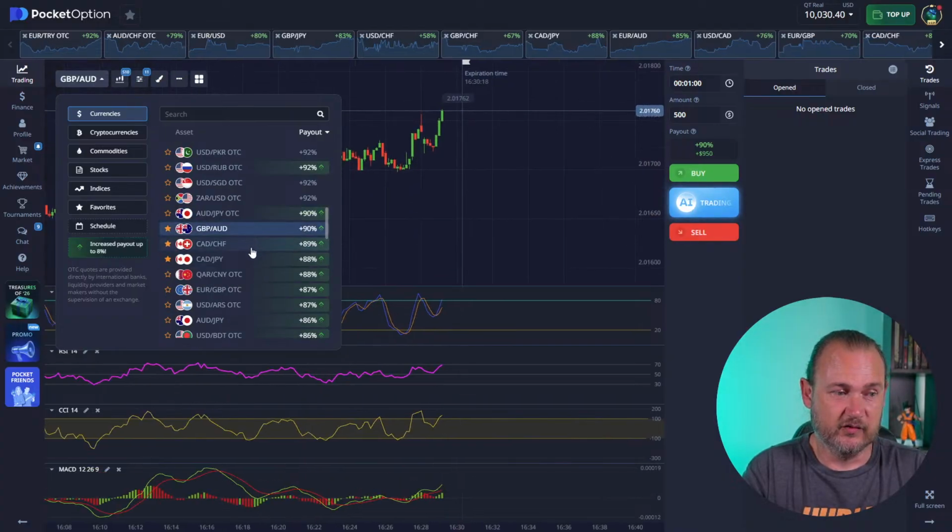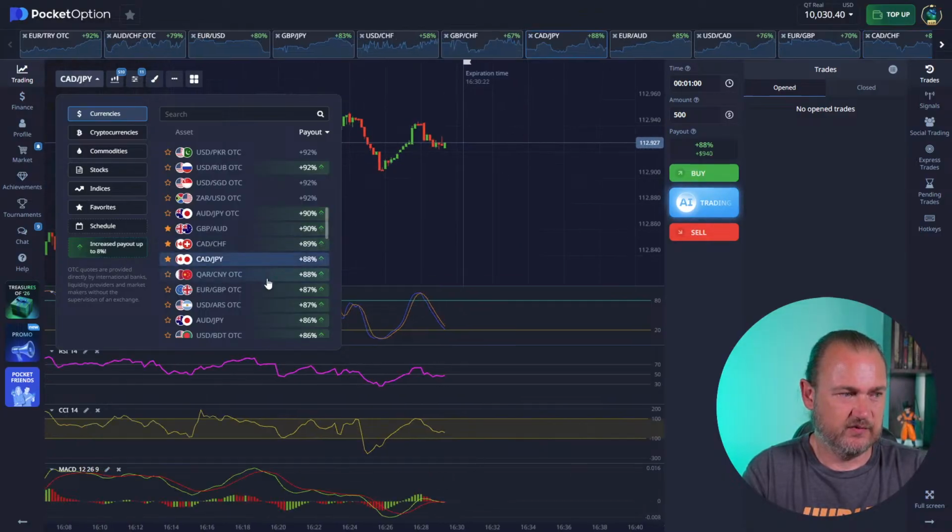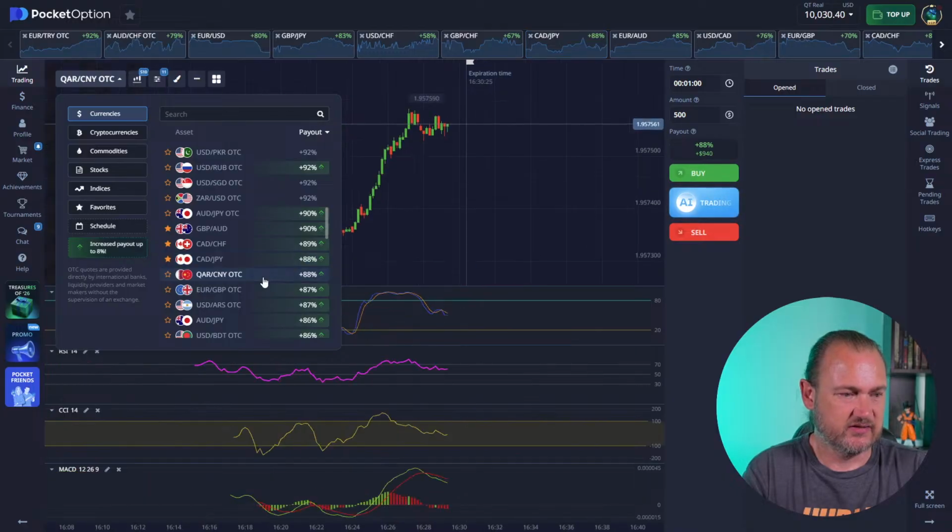I think I'm going to go through a few of them regardless of the payouts, just to see if we can find at least one example where we can take a trade.